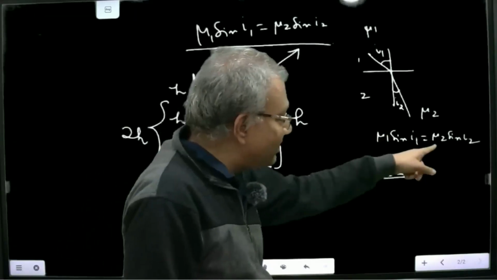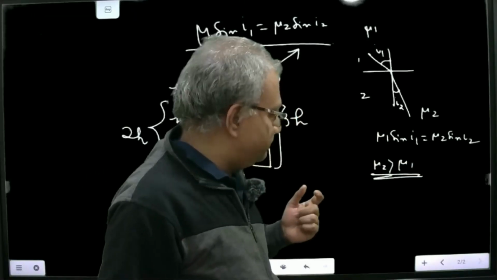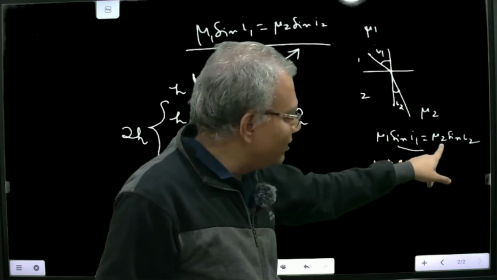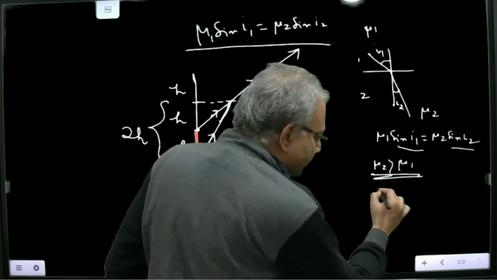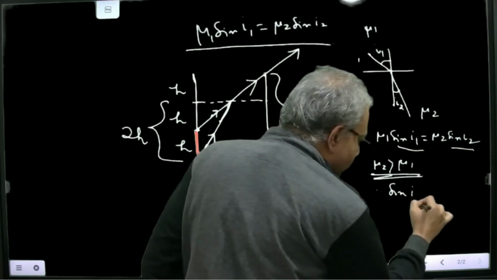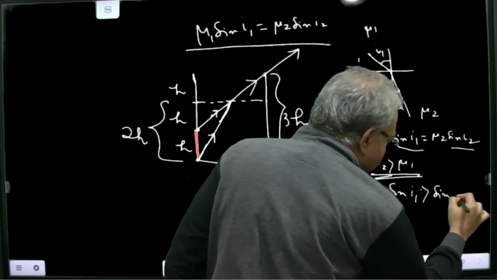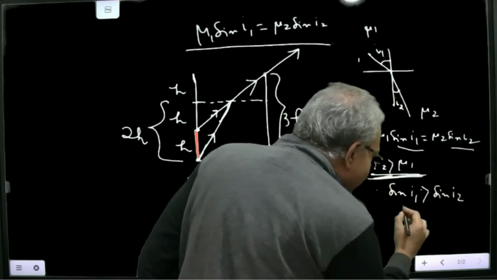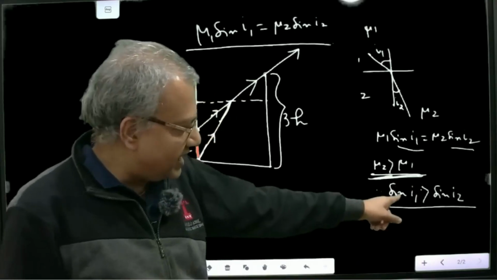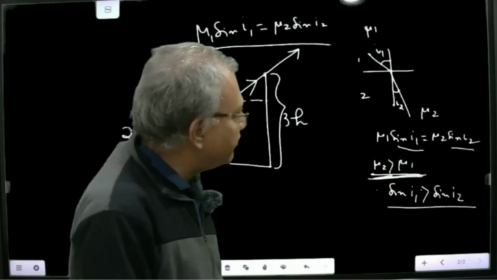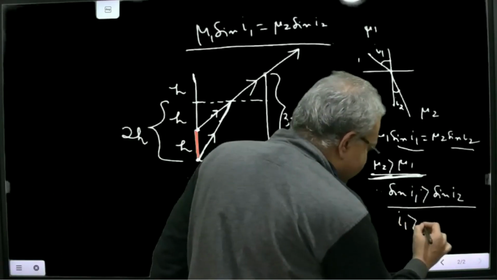So mu2 greater than mu1. Naturally, sine I1 will be greater than sine I2. If this condition is satisfied, sine I1 greater than sine I2, isn't it? So therefore, we can conclude that I1 is greater than I2.